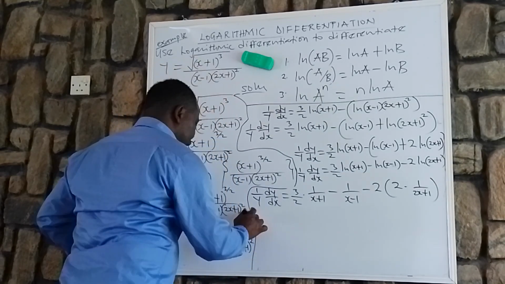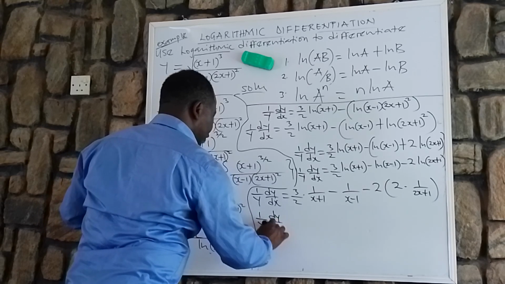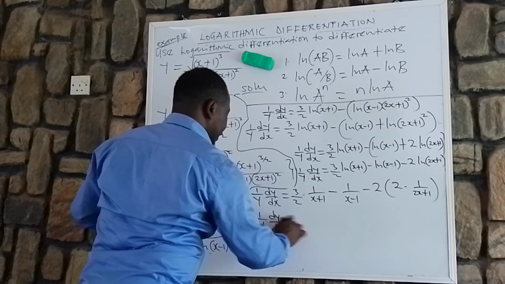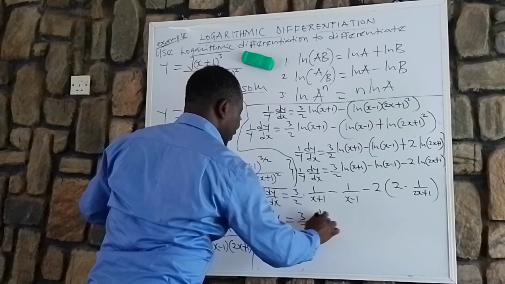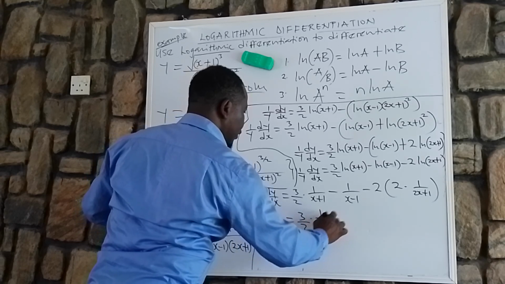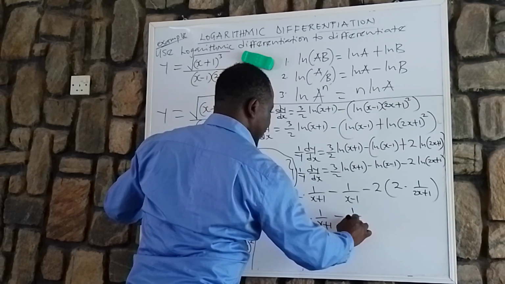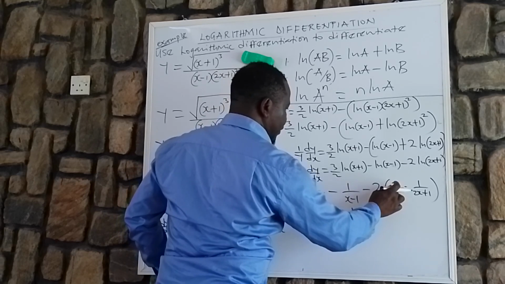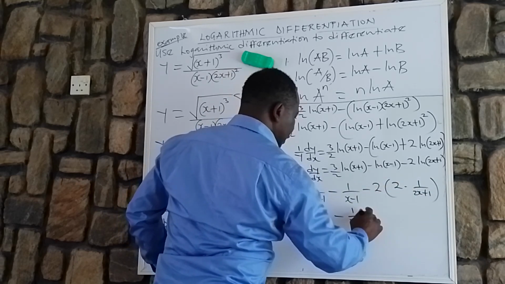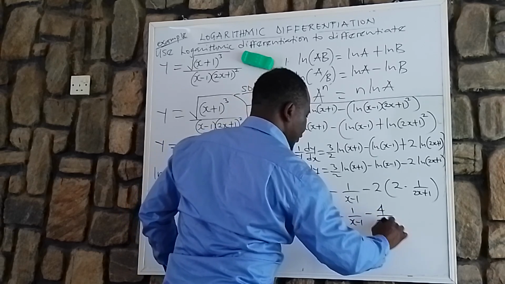So our 1 over y dy over dx is equals to 3 over 2 times (1 over x plus 1 minus 1 over x minus 1). Then use this minus 2 to multiply 2 times 1 here, going to give you minus 4 over 2x plus 1.